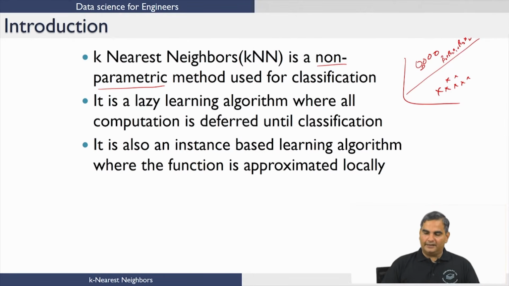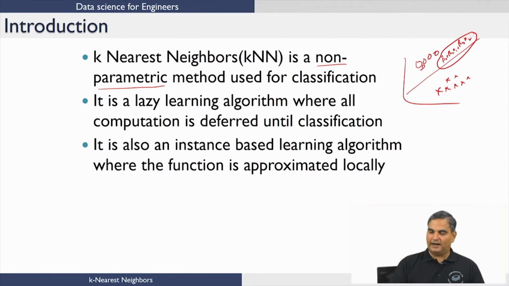And any time a new data point comes, what we do is we use the parameters that have been estimated from the trained data to make predictions about test data.